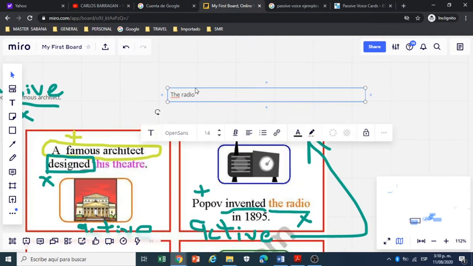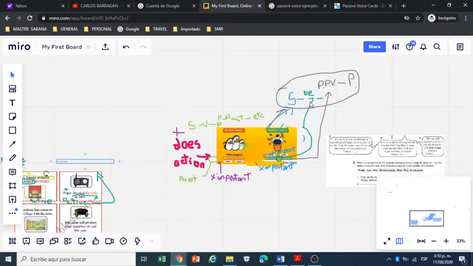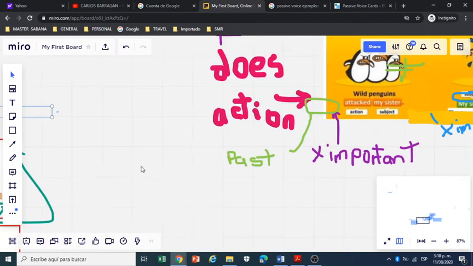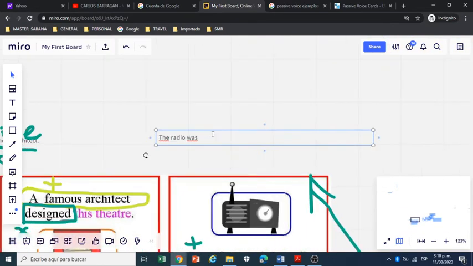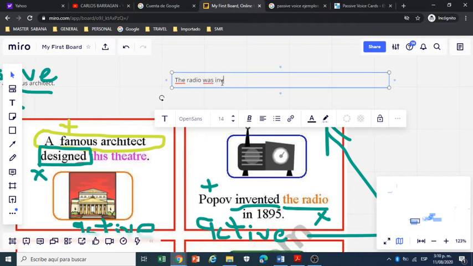This is past. The verb to be is in past. Remember the structure: the verb to be here, and then the past participle. So the radio was invented, the past participle of invent is invented, by Popov in 1895.